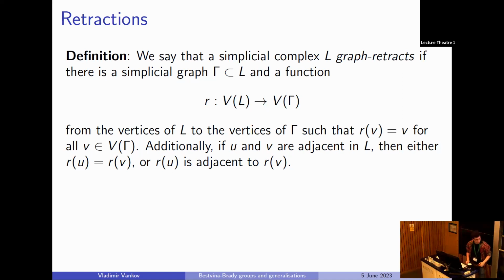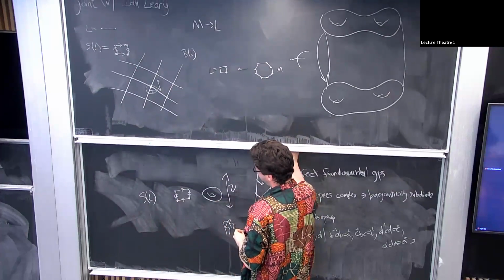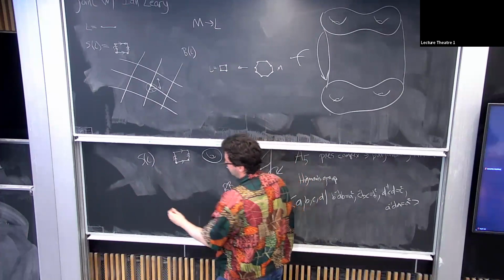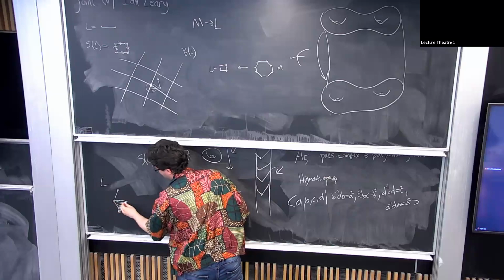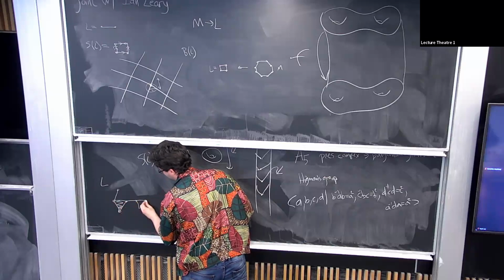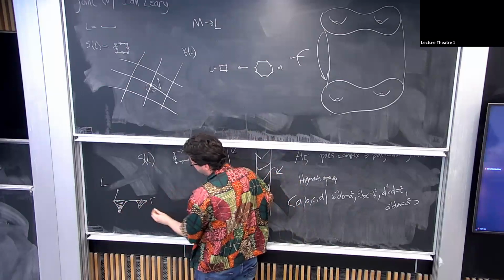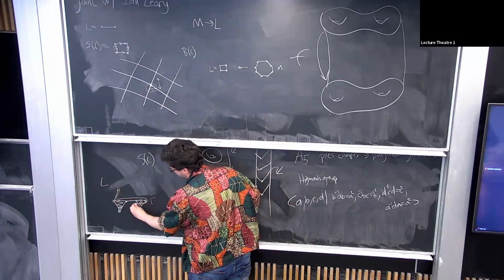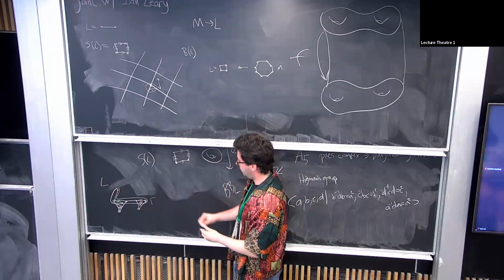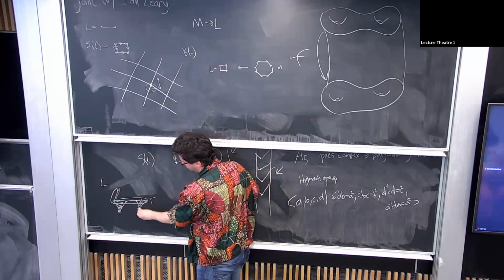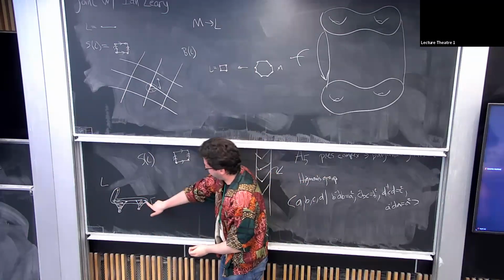So let me draw a little example. If we have some L like this, and if we take the graph gamma to be this graph here, then whenever you have two adjacent vertices, so these two vertices are adjacent, wherever R maps this vertex, it has to remain adjacent to this vertex.